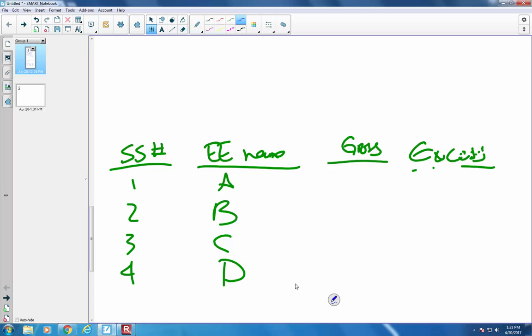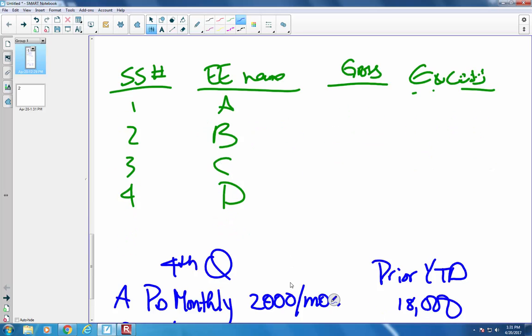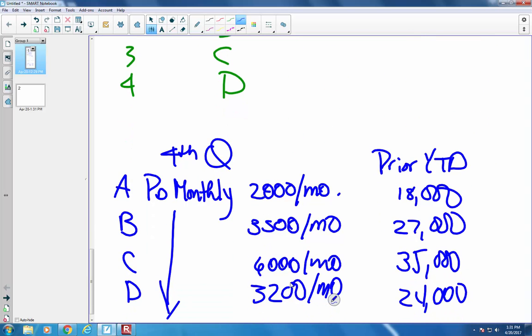Did you get this data down? How much did the first person make in the fourth quarter? $6,000, right? 2,000 times 3 months in a quarter.